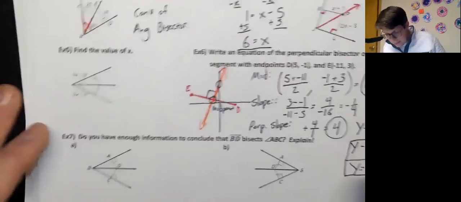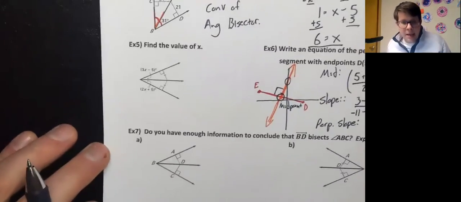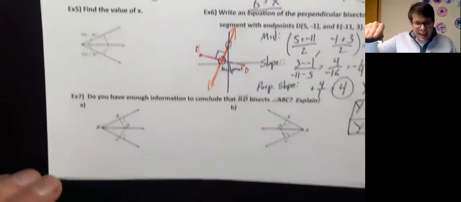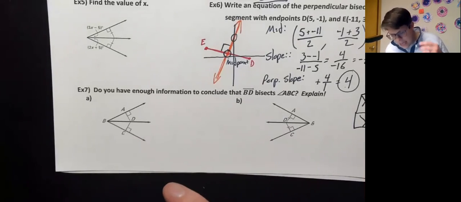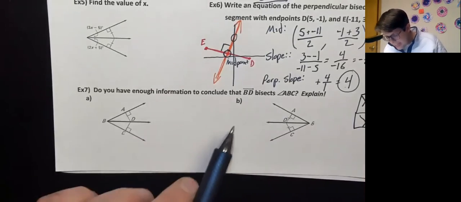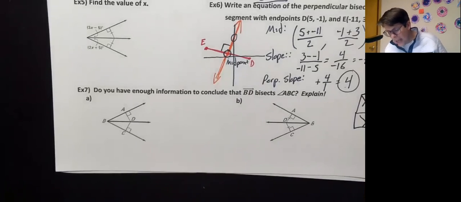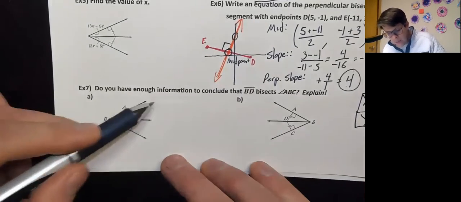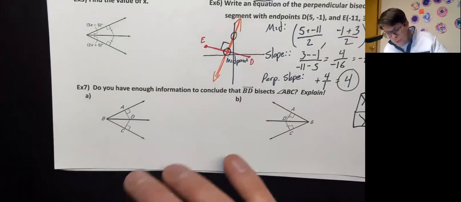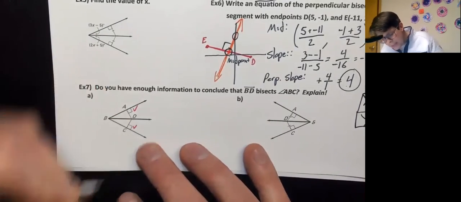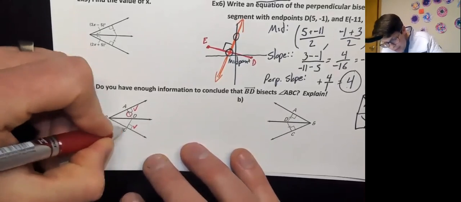All right, last example that we have right here. So for our last example, what I want to do is another kind of analysis. We have a picture right here with no numbers on it, and we need to decide if we think that BD bisects the angle ABC. So we've got our ray right here, and we have our angle, and we want to know, is it actually a bisector? Now, everything is looking pretty good to begin with. I do have my perpendicular angles, but I don't have my equidistance.